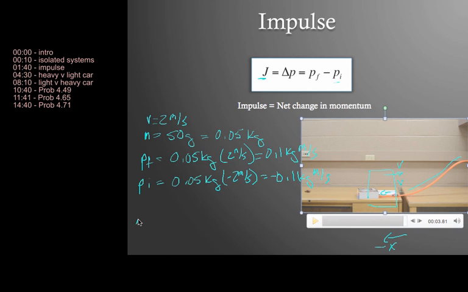So then now we can calculate our impulse, which is the change in momentum, so P final minus P initial. And so we're going to get 0.1 minus a negative 0.1, so we're going to end up with 0.2 kilogram meter per second is the impulse on the car during this collision.